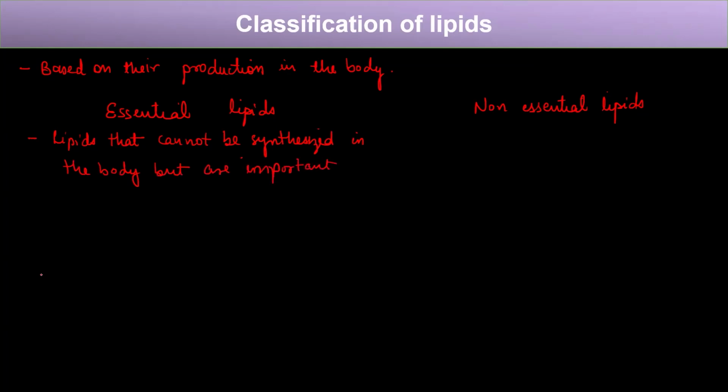The examples of essential lipids are unsaturated lipids: oleic acid, linoleic acid, and arachidonic acid. These are important for our body but cannot be synthesized in the body, and hence it is required to have them in the diet.